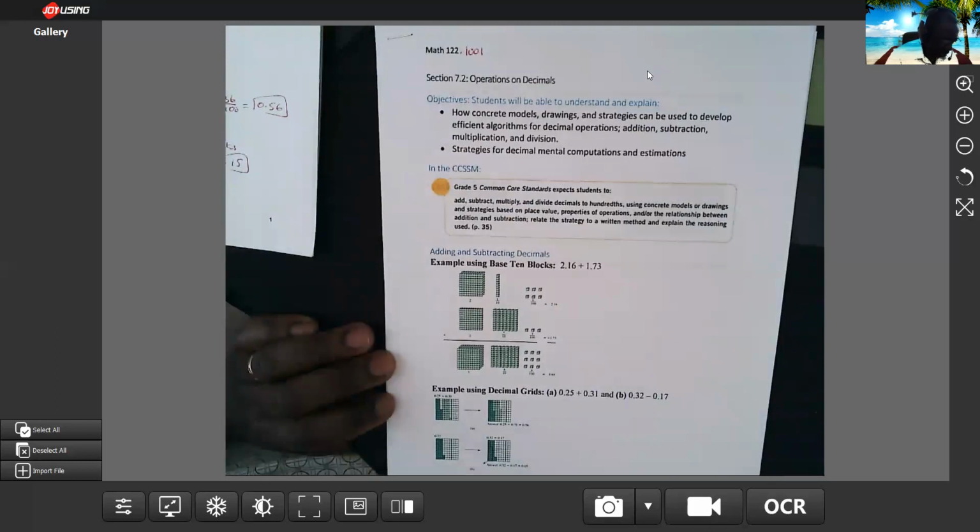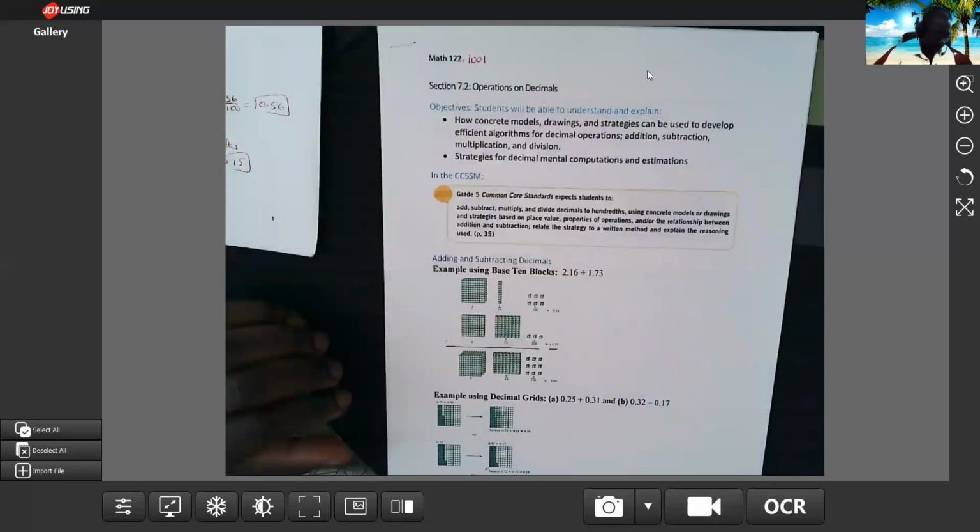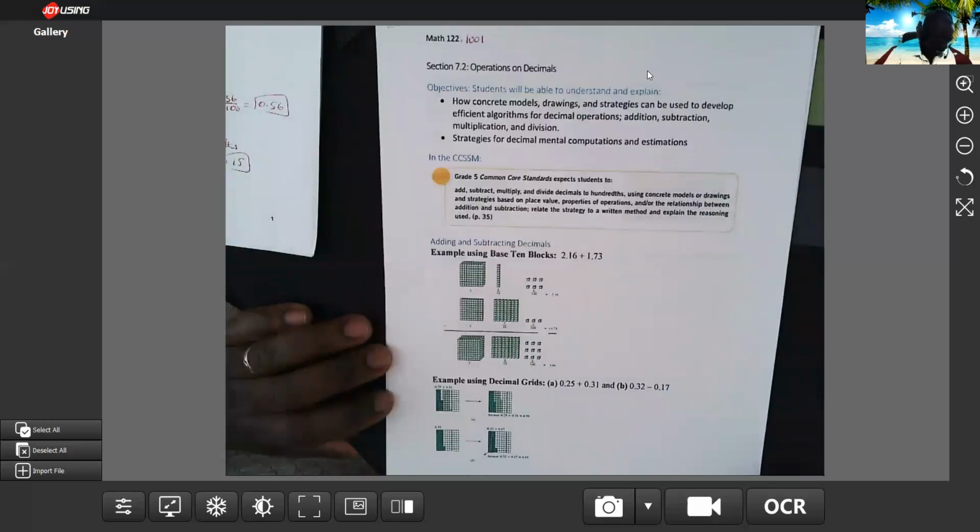We'll be able to use a concrete model, drawings, or strategies to develop efficient algorithms for decimal operations: addition, subtraction, multiplication, and division. And then strategies for decimal mental computations and some estimations.